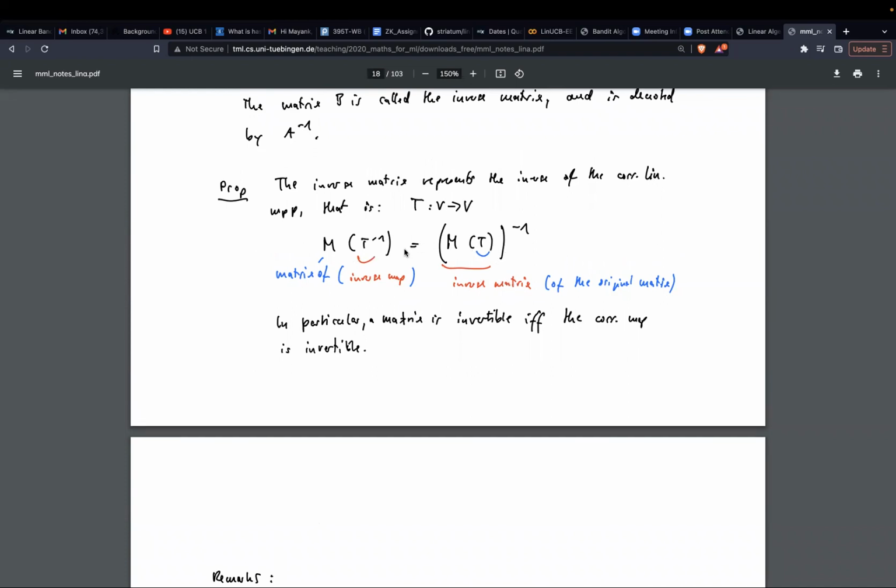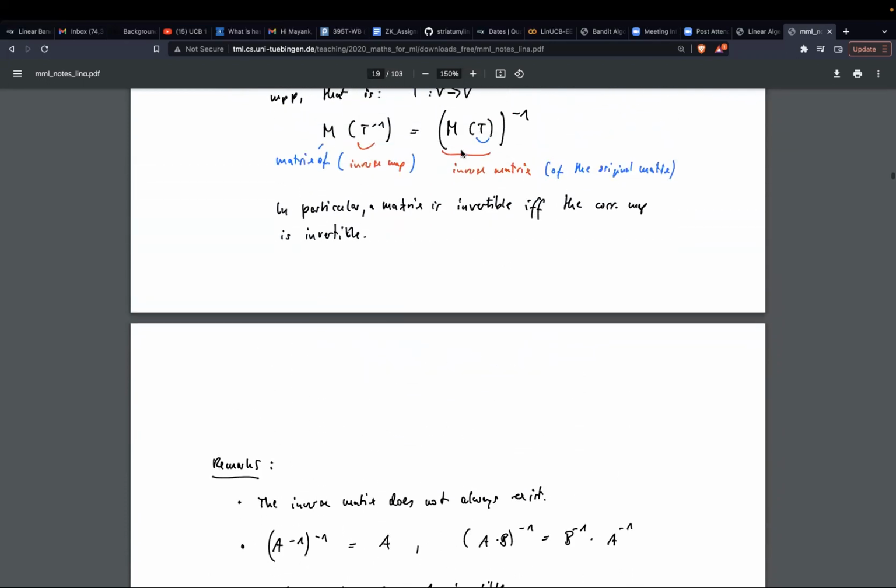How to calculate the inverse of a matrix, I think we must have studied that, right? It basically involves calculating some adjoint and determinant. I don't remember exactly, but I think Cramer's rule does ring a bell. Whatever that way of calculating the inverse of a matrix is, that is the same as the matrix of that inverse transformation.